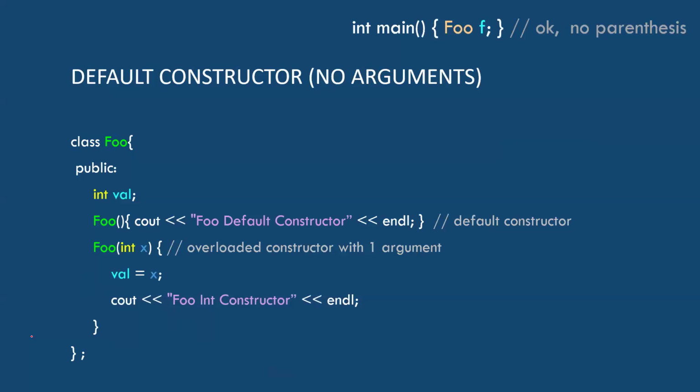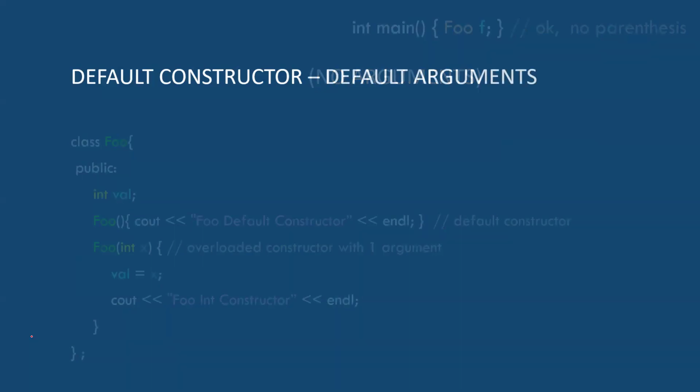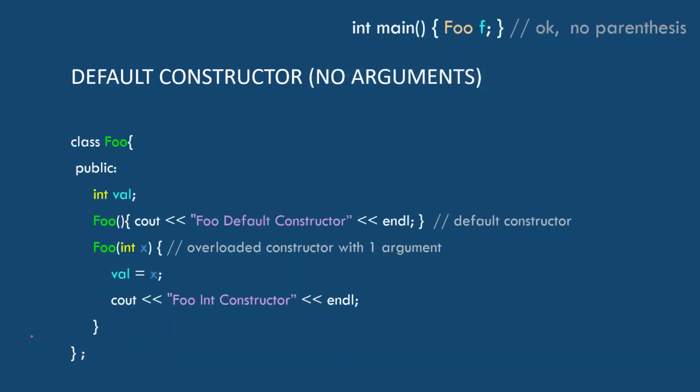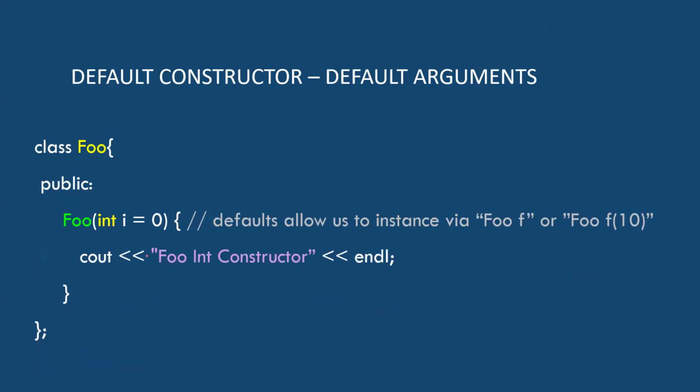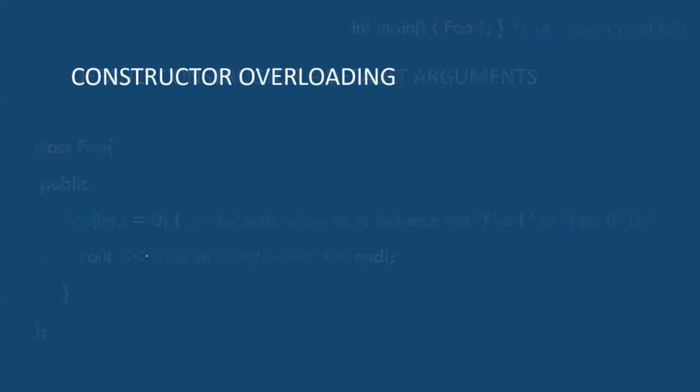So here is a class that has two constructors. So I can call the first one or I can call the second one. Okay. So here we have a default constructor and a constructor that requires one argument, but we could do it this way, right? And now we can call it like that, or we can call it with a single argument if we want, right?